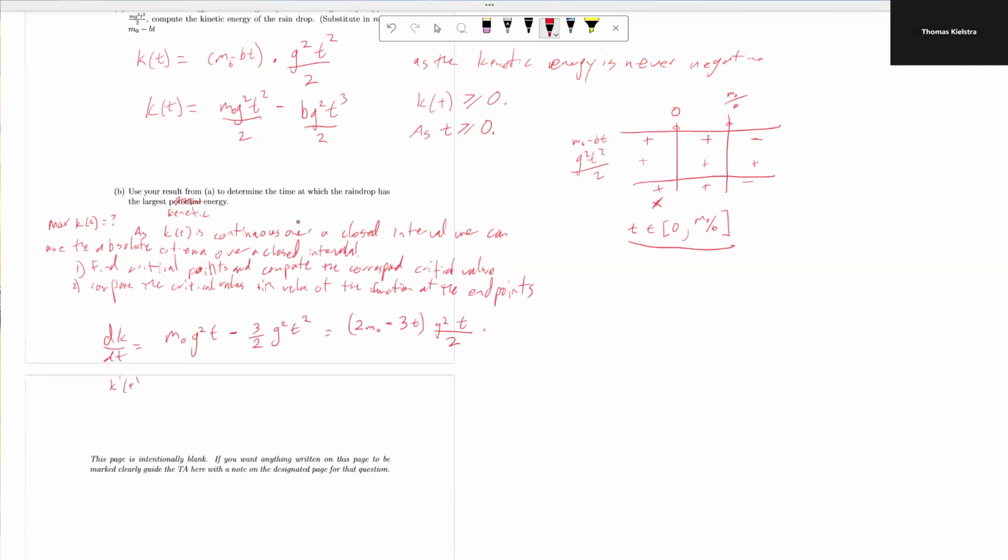K prime of t equals 0 when t equals 0 or t equals 2 m naught over 3.